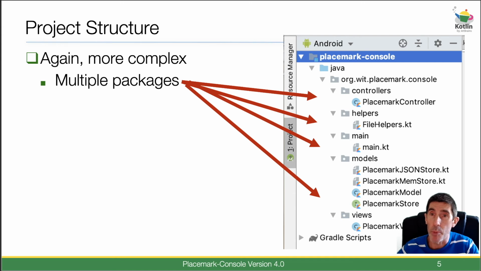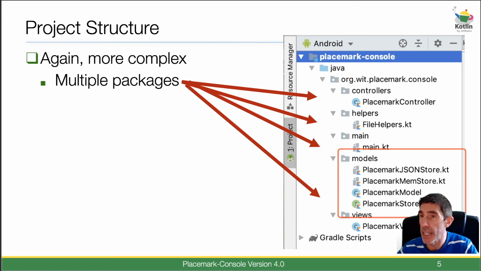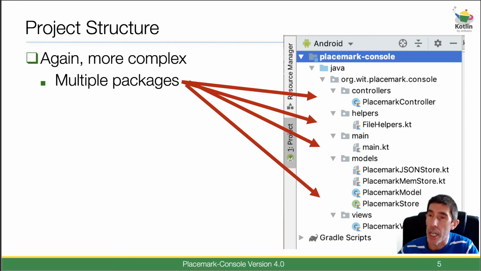Looking at the project structure, in our models we now have an extra class, our placemark JSON store. As we'll see in a minute, that will implement the same placemark store interface, and we'll make a few changes to that.